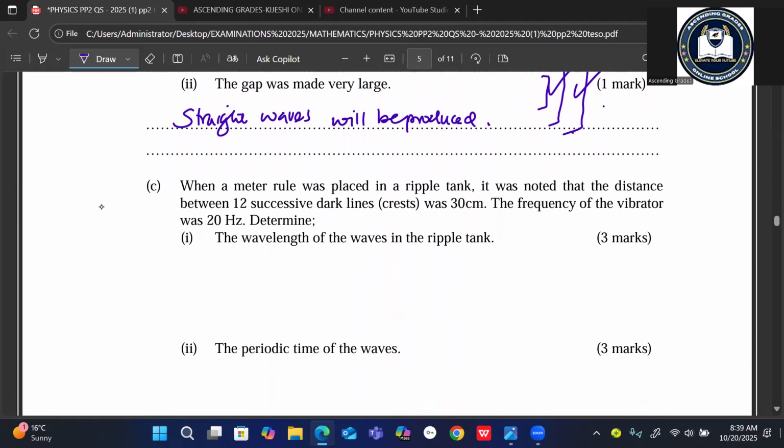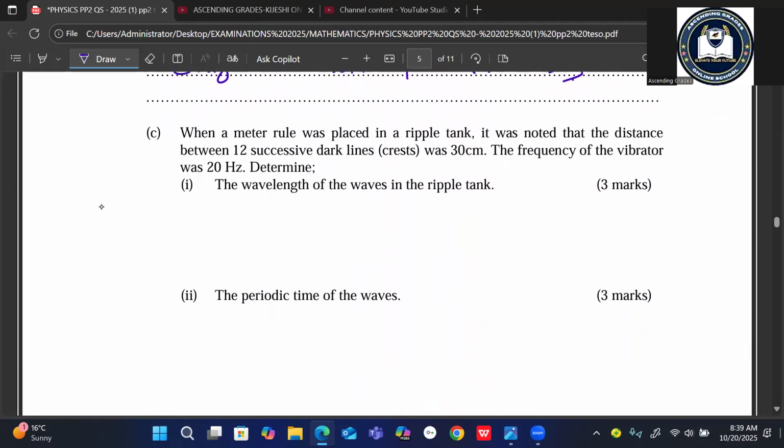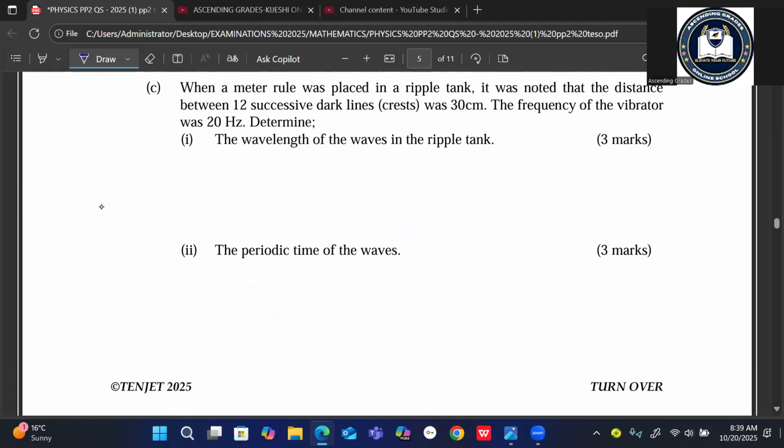When a meter rule was placed in a ripple tank, it was noted that the distance between 12 successive dark lines, that is crests, was 30 centimeters. The frequency of the vibrator was 20 hertz. Then you have to determine the wavelength of the waves in the ripple tank. Wavelength is defined as the distance between two successive crests or troughs.